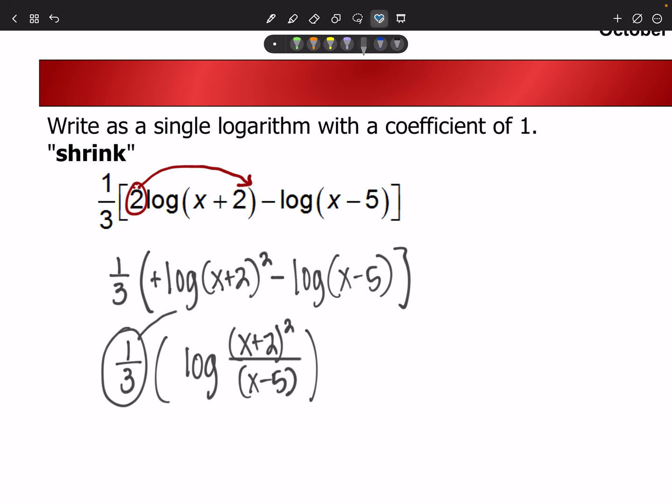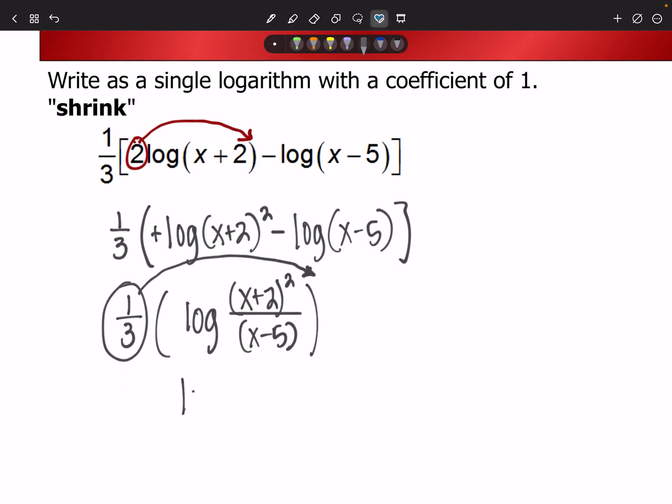Now I've got to take that 1/3 power, and I've got to bring it to the exponent. So I'll have log, and then I've got x plus 2 quantity squared over x minus 5. And then that's all raised to the 1/3 power. And the 1/3 power is a cubed root.